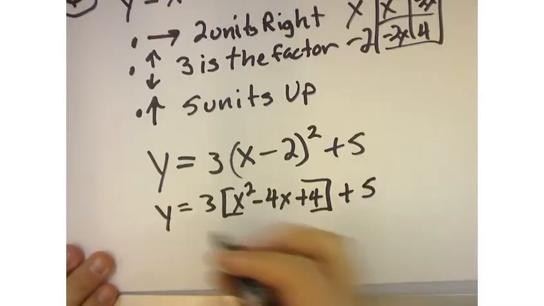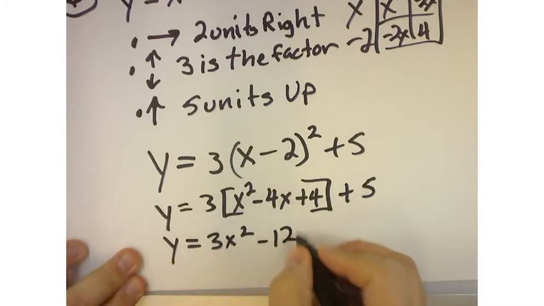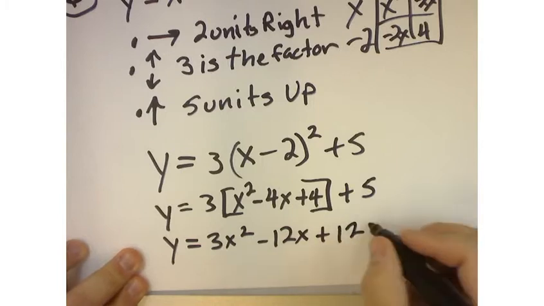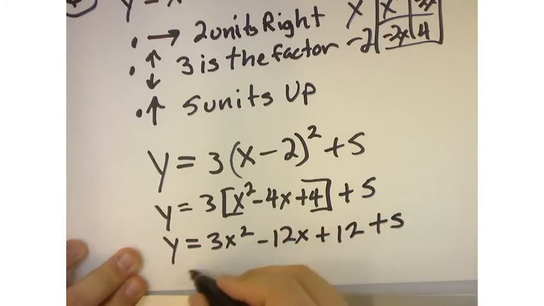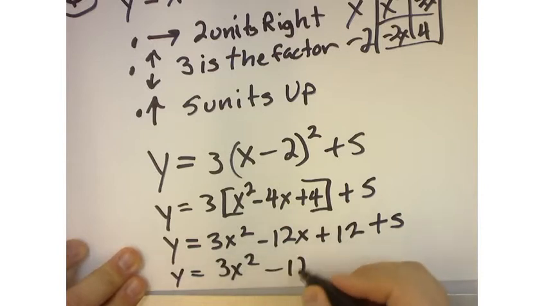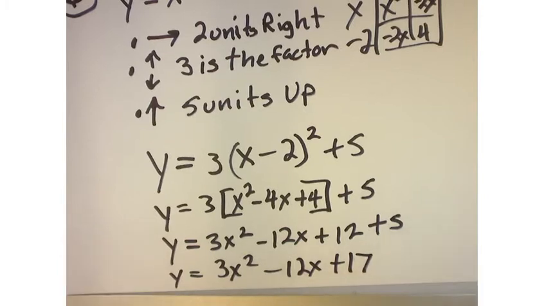When I push the 3 through, I get 3x squared minus 12x plus 12 plus 5, or 3x squared minus 12x plus 17. Now, if I do it that way, I get a plus 17 at the end.